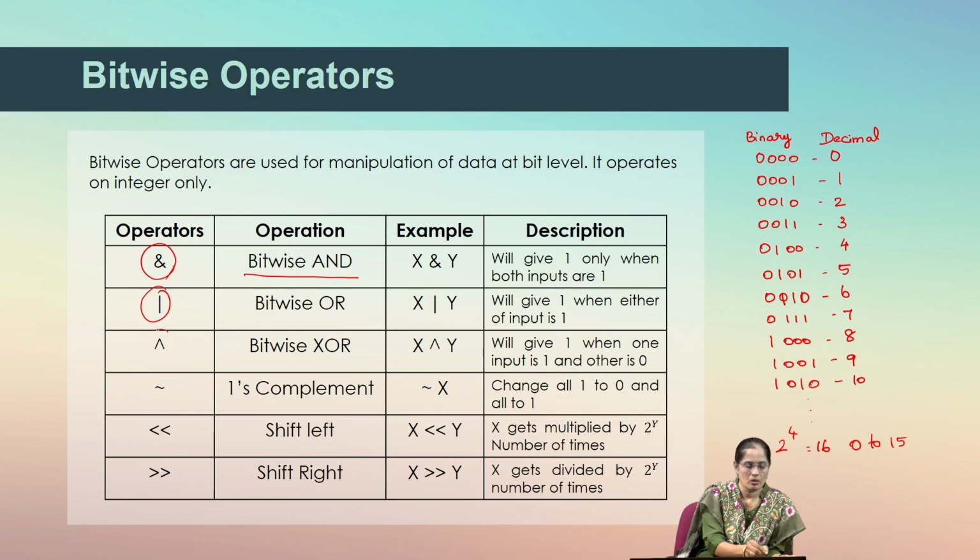The XOR operation will result in 1 only when exactly one of the inputs is 1, otherwise it is 0. Then 1's complement changes each bit from 1 to 0 and from 0 to 1.